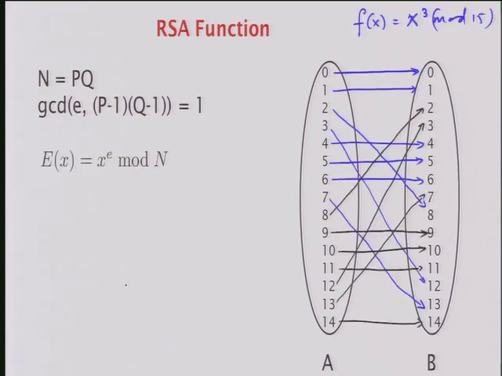So let's try it. We've already done this. Now let's compute d of y equal to y to the little d mod n. Okay, so let's see what happens if we do that. So what do we want to do? Well, we want to see. If you take 0 and you cube it, what do you get? You get 0.